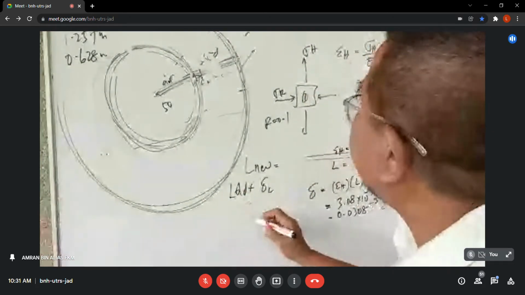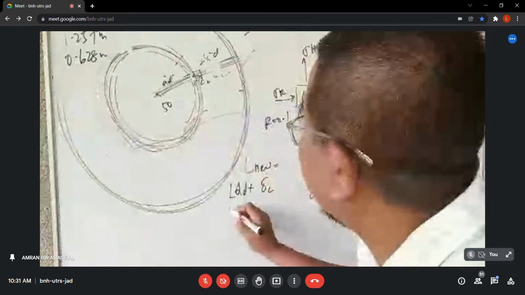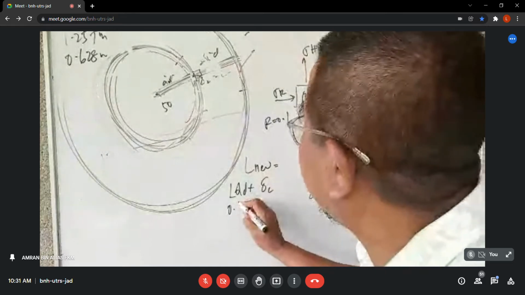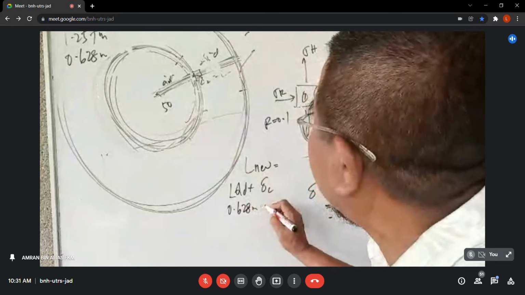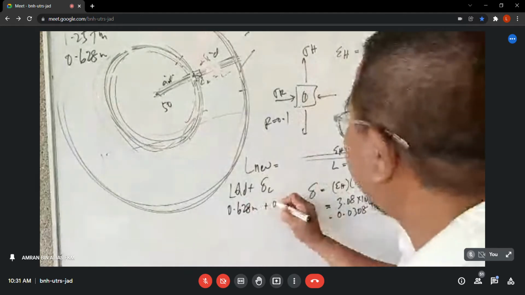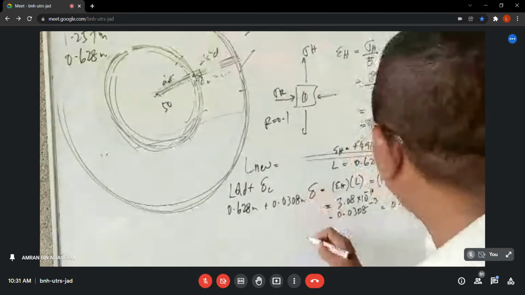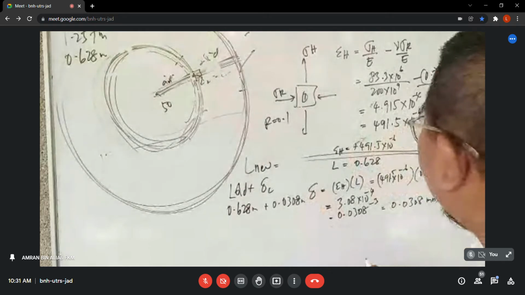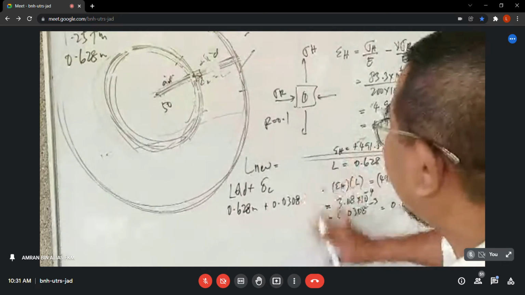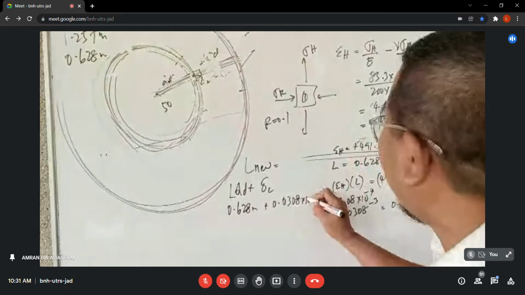L old is this one, 0.628 meter, plus 0.0308 meter. Sorry, plus 0.010 to the power minus 3.